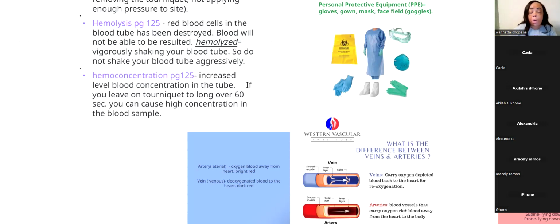You just have to know that when you see it, the blood sample can be hemolyzed if you vigorously shake it. If you understand what the word vigorously means, that means you are aggressively shaking that tube, or you are aggressively doing something. So that's what vigorously basically means.